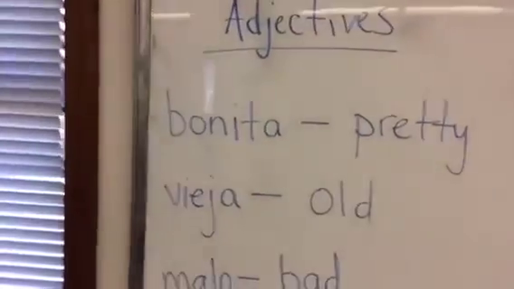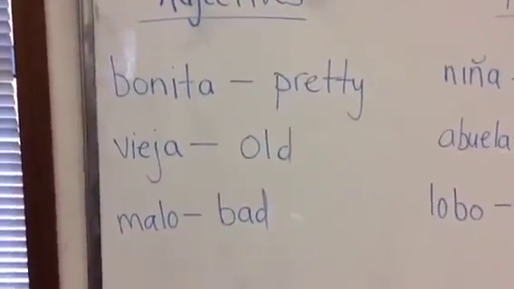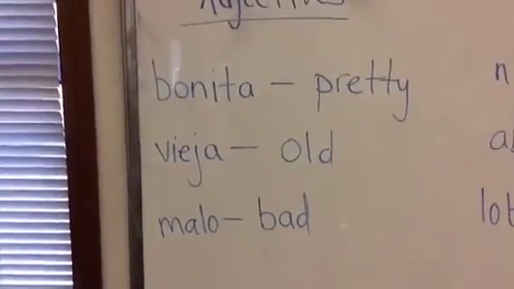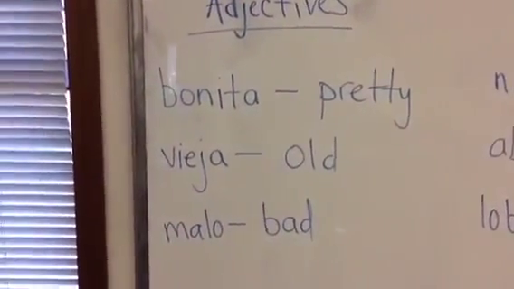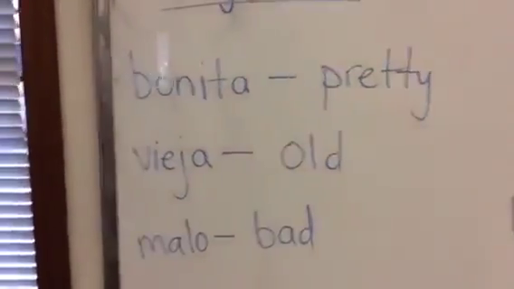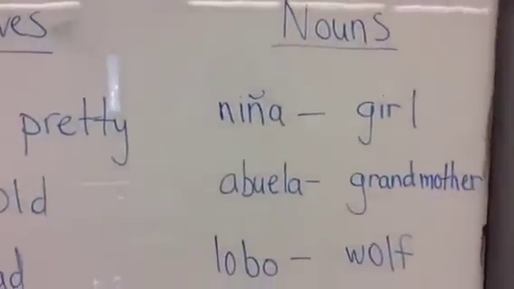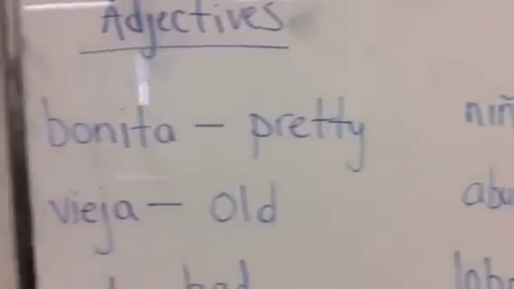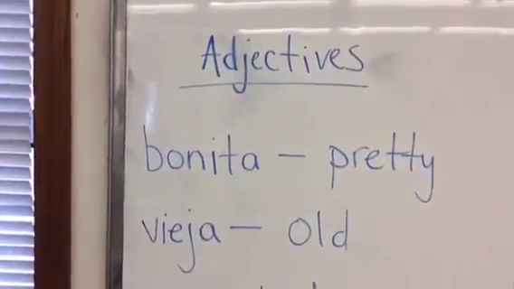Now, when it comes to adjectives, the adjectives that are used must match the noun. So for instance, if I have a feminine noun such as niña, I would need a feminine adjective, bonita.